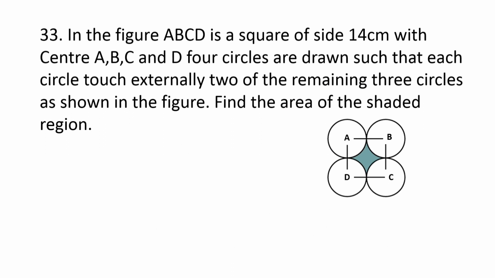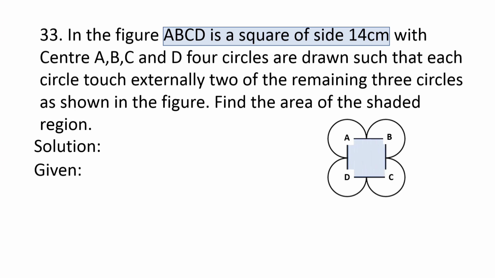33rd question. In the figure ABCD is a square of side 14 cm with centers A, B, C, D. 4 circles are drawn such that each circle touches externally 2 of the remaining 3 circles as shown in the figure. Find the area of the shaded region. What is given here?